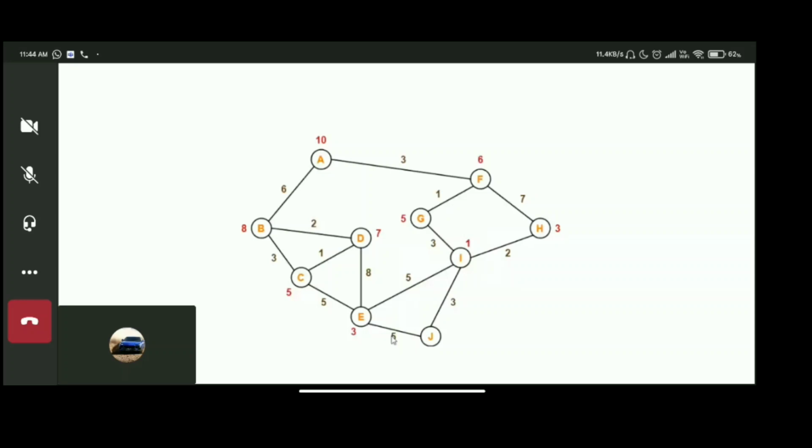Okay, first step I have already given you. A to B and A to F. A to F looks most promising. You should explore A to F at this moment.